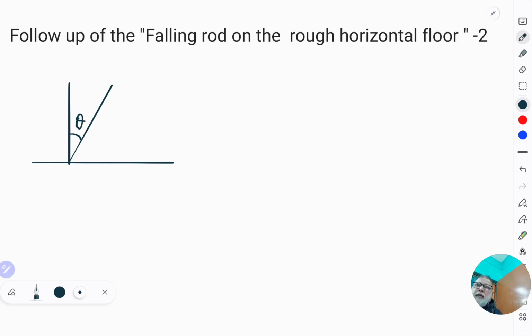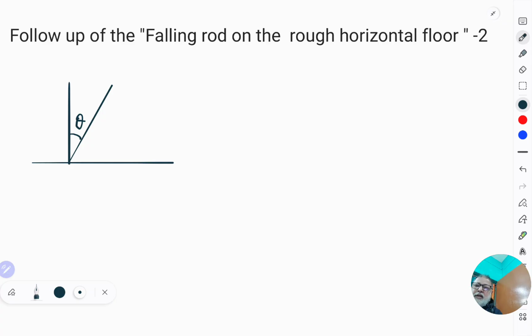So it must slip at that instant if there is a horizontal force or horizontal acceleration at that instant. We would like to investigate the normal reaction acting on the rod.